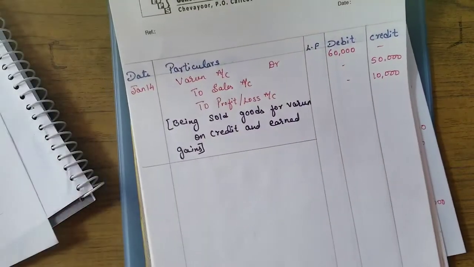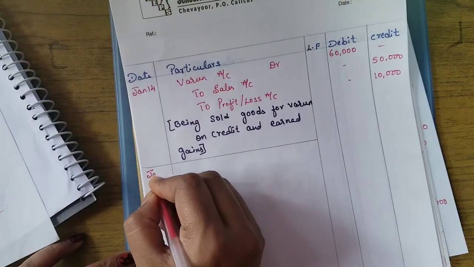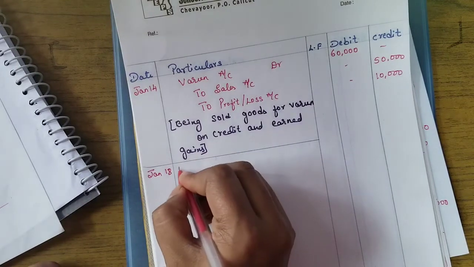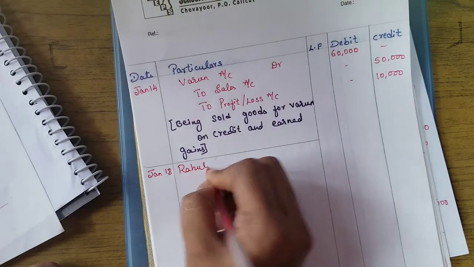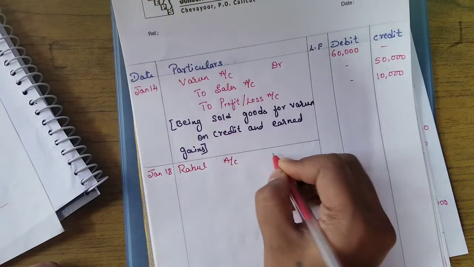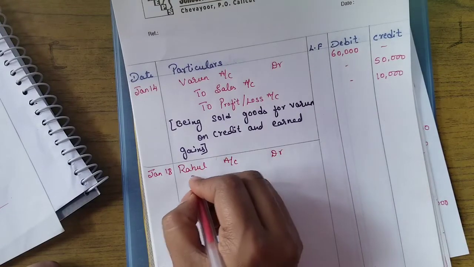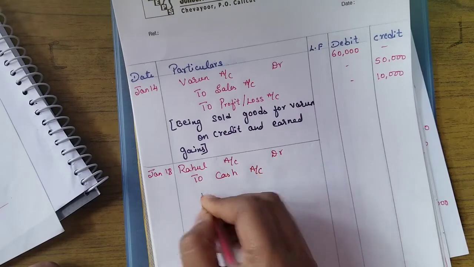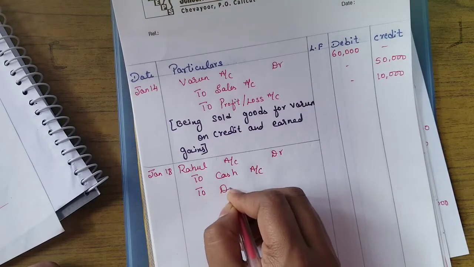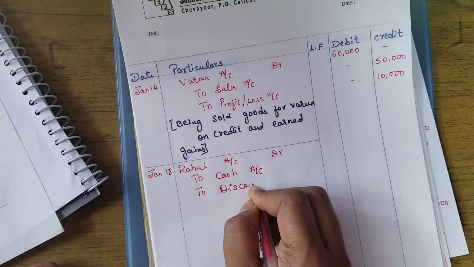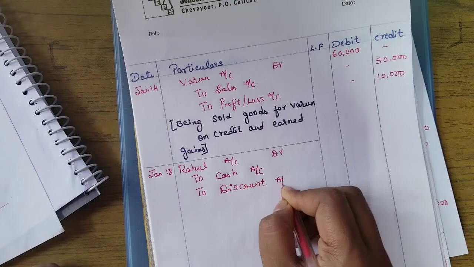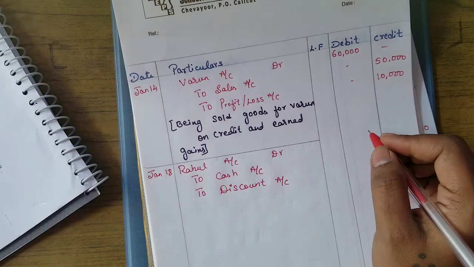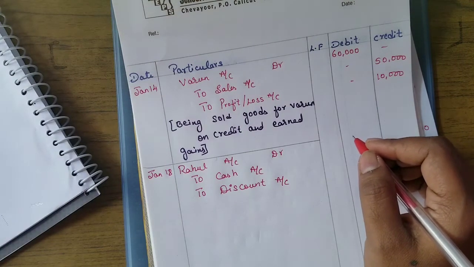So for this, the entry will be January 18th, Rahul account debtor to cash account to discount account. Okay, now what is the amount that we actually need to pay, how much we are paying, that we should write.